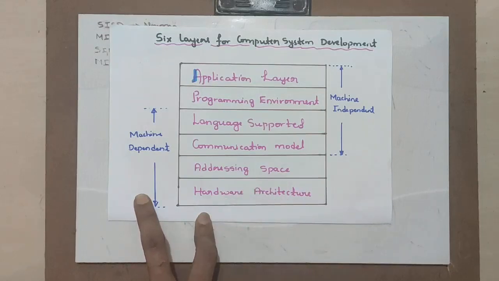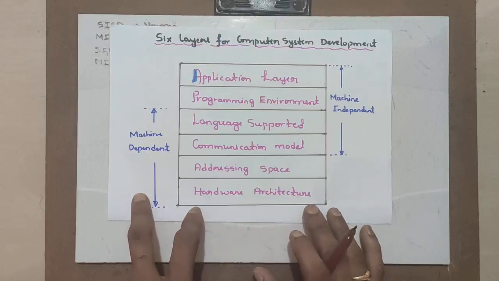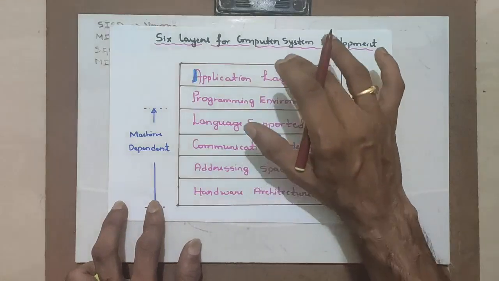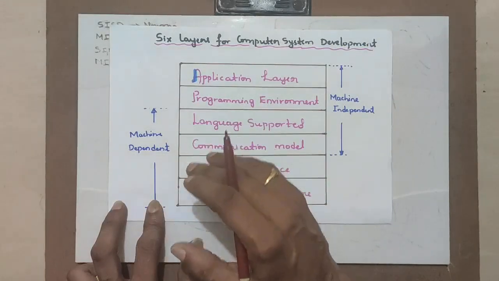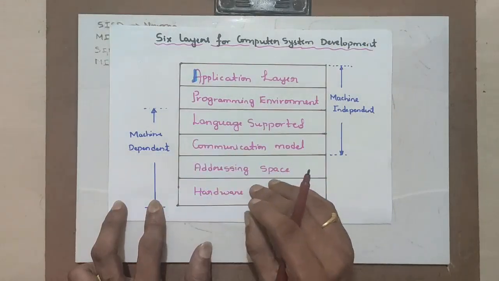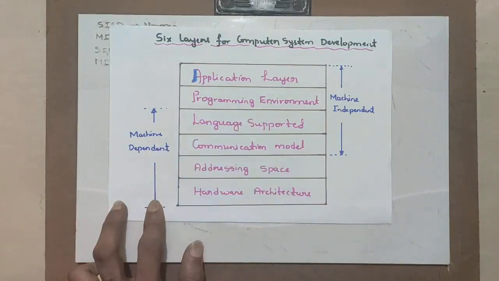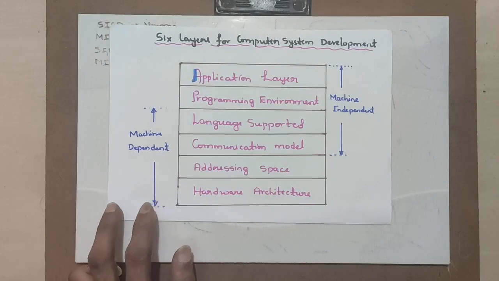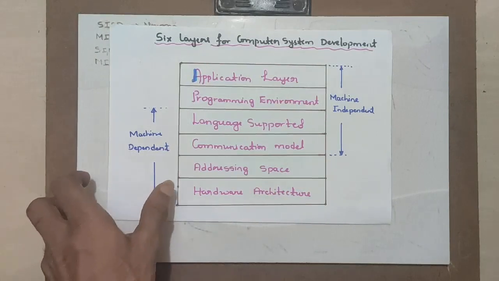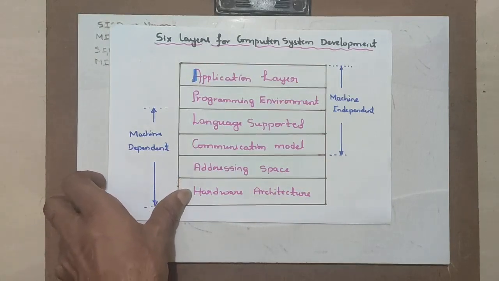Generally a transparency is required. We call it as Linda approach. Anyway, these are the 6 layers, where in the top layer we write applications, and in the bottom layer we write kernel programming, which depends upon the machine. This is the 6 layers of computer system development. I hope you understood this.